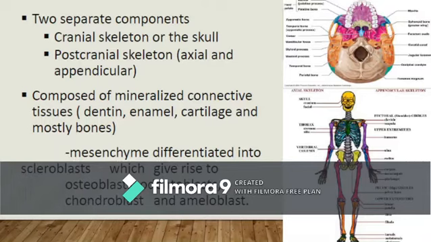While the appendicular skeleton includes the skeleton of the median fins of the fishes, pectoral and pelvic girdles, like what we have here, the humans, and the skeleton of the paired fins and limbs. So our limbs, our hands, and our feet belong to the appendicular skeletal system.